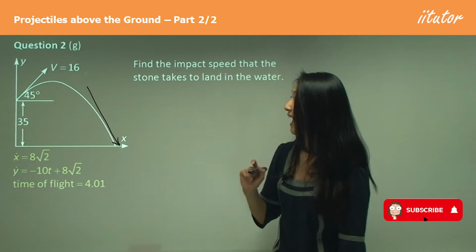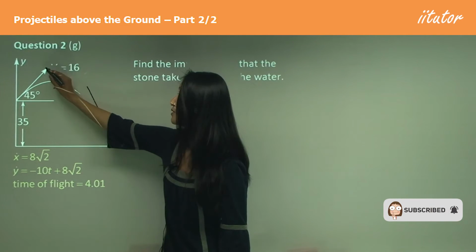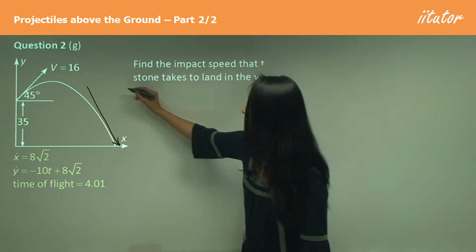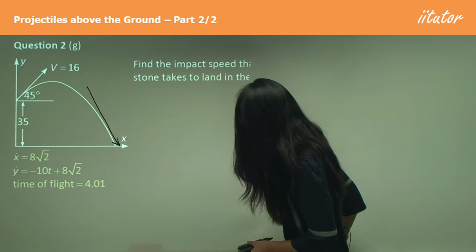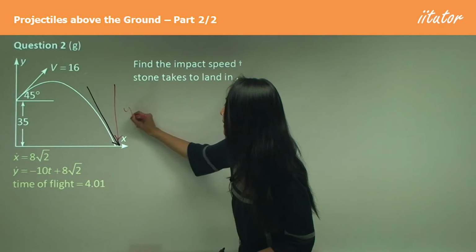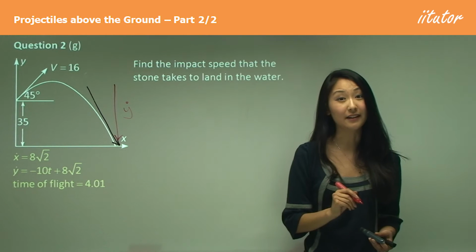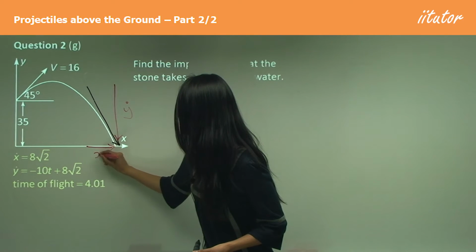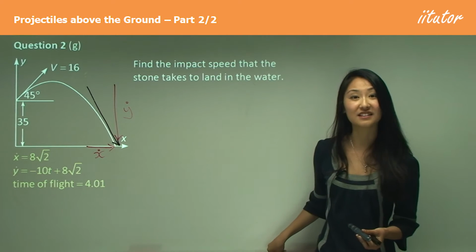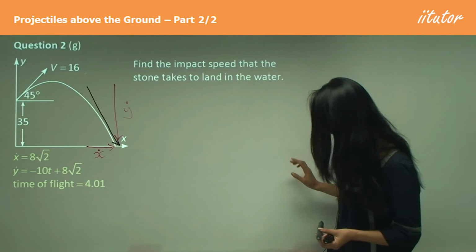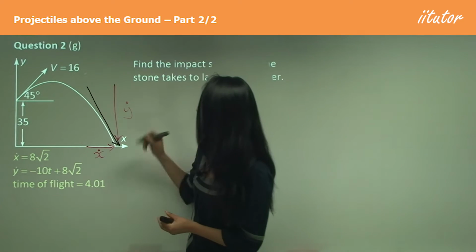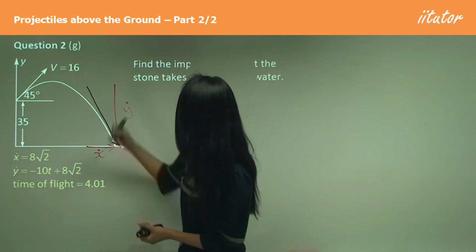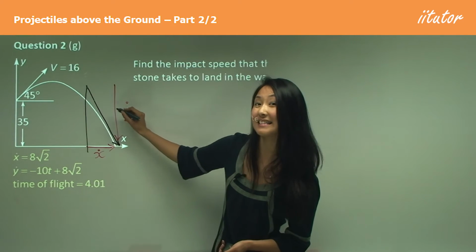Now, similarly to how with that velocity there, we could draw ourselves a right angle triangle, we can do exactly the same thing. So we can say that this here, that's going to be our vertical velocity, right? Whereas that here is going to be our horizontal velocity. Now, it doesn't make a triangle quite yet, but if you take this here, now this is exactly the same as that.